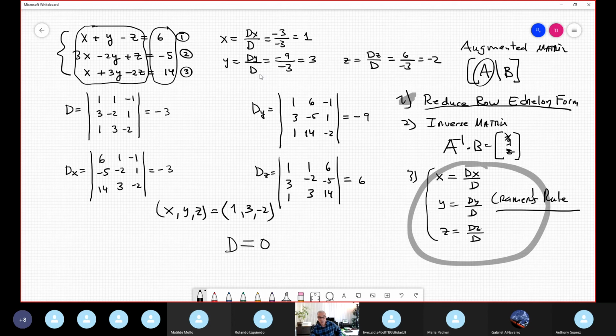However, we have solutions when D is 0. Remember, in a system we have three possibilities: one solution, which is the most common case, no solution, and infinitely many solutions. And echelon gives me exactly the information when there are infinitely many solutions, how many free variables we have. In my opinion, it's the most complete method.